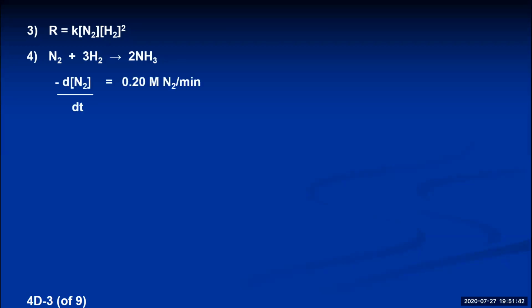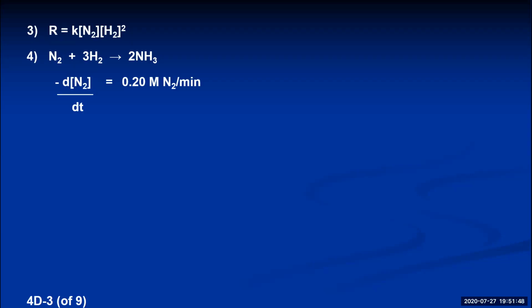Number 4, for the reaction in question 3, if the initial reaction rate is 0.20 molar of N2 reacted away per minute, what would be the initial rate in molarity of hydrogen reacted away per minute and the molarity of ammonia formed per minute? So in this particular problem, for the same reaction, we're told that the rate of disappearance of nitrogen per time is 0.20 molar per minute.